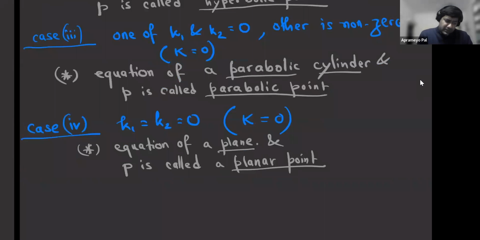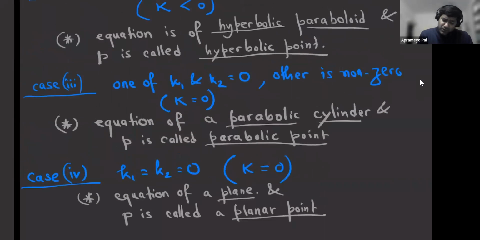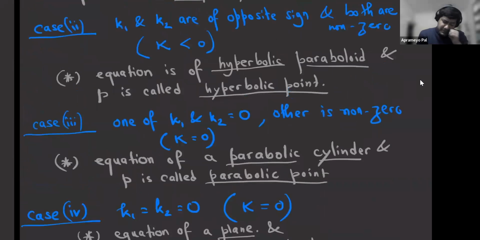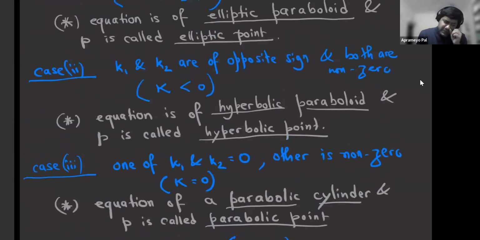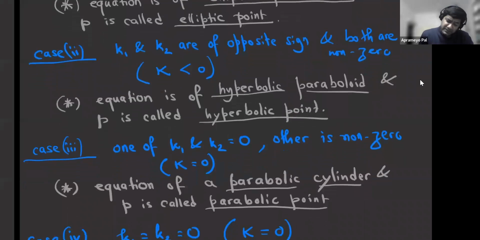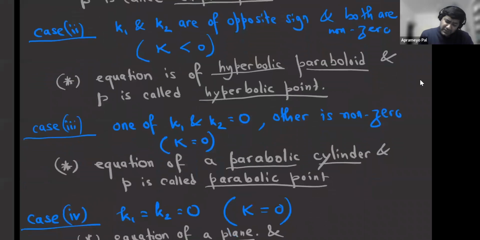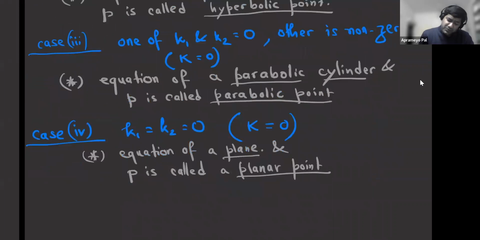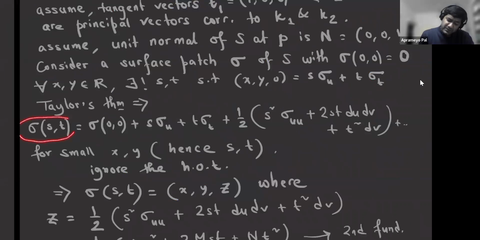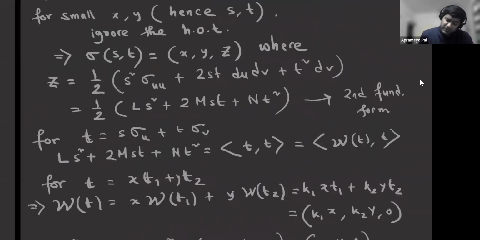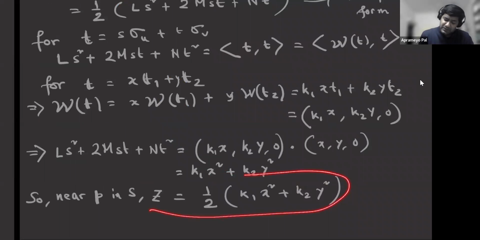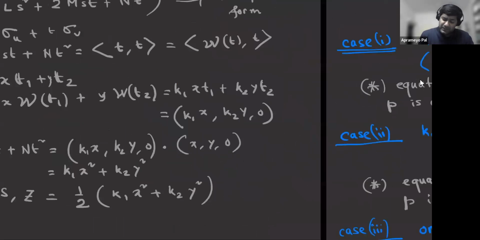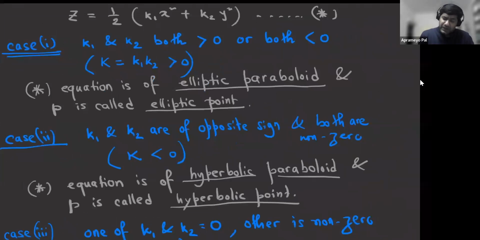One immediate thing one should observe is that this classification is independent of the surface patch sigma we have chosen here. That's why we got this parameterization, but you can prove that this is independent of the parameterization.